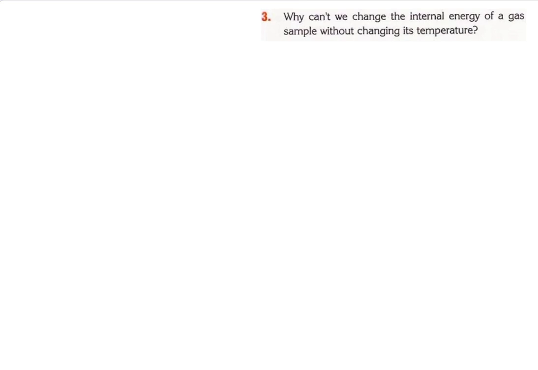Question 3. Why can't we change the internal energy of a gas sample without changing its temperature? Because in ideal gases, the internal energy depends only on kinetic energy, and there are no other energies, for example, potential energy. So if the internal energy increases, it results only in an increase in kinetic energy.